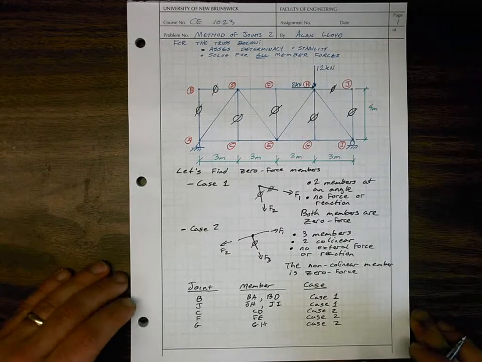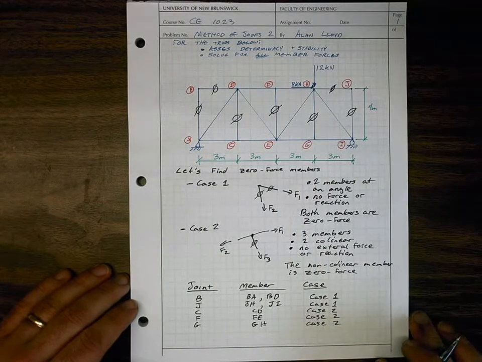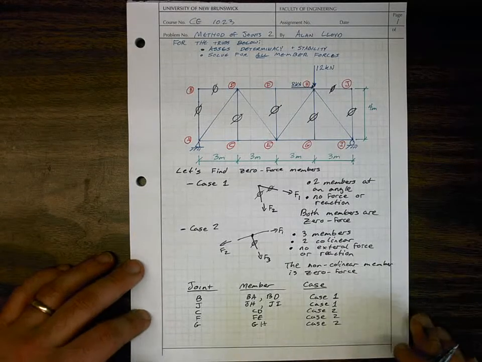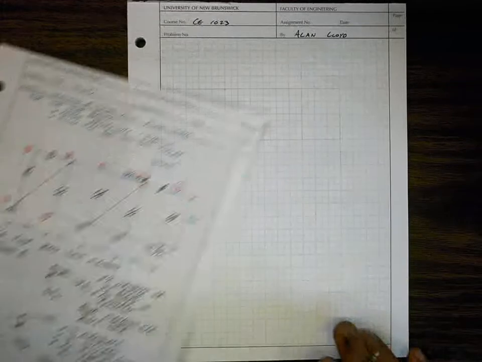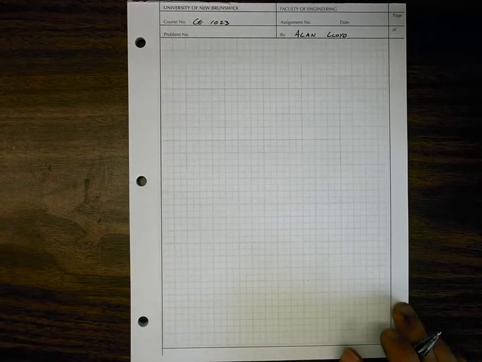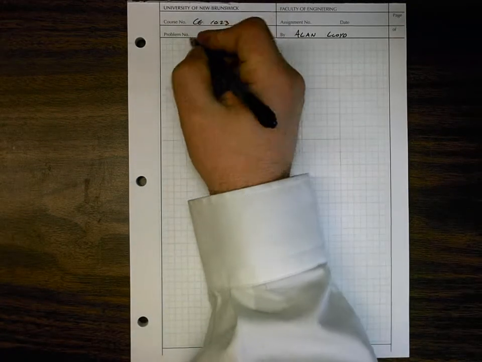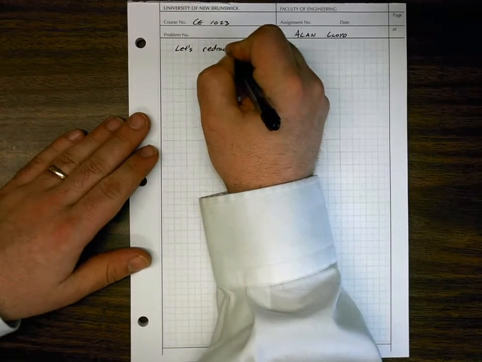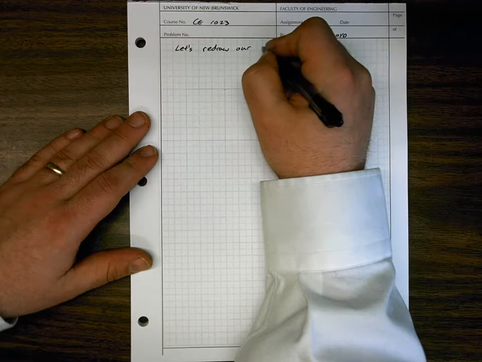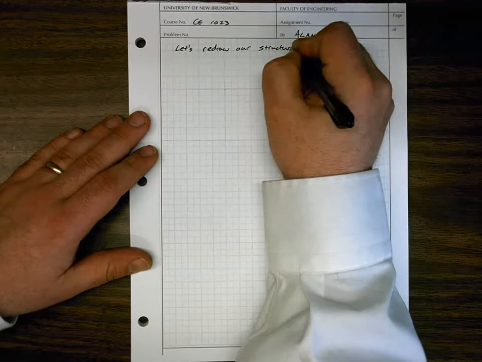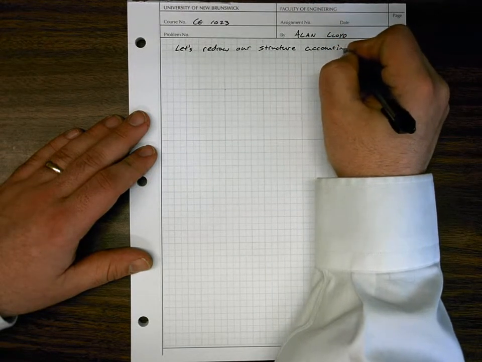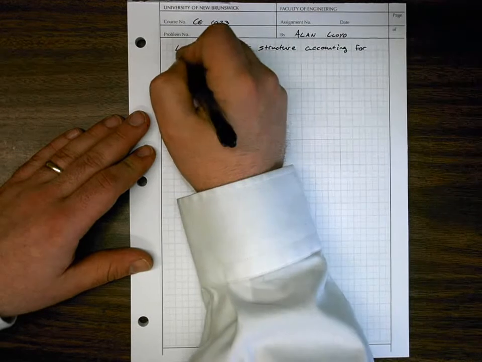And when we go to analyze this truss, we can redraw it without those zero force members being in the way. And we'll see now that we have a much, much simpler problem. So let's do that. Let's redraw our structure, accounting for the zero force members.